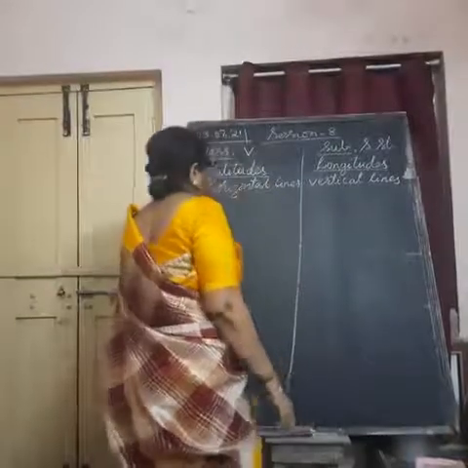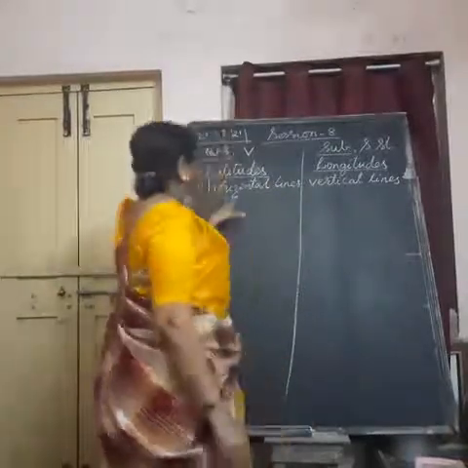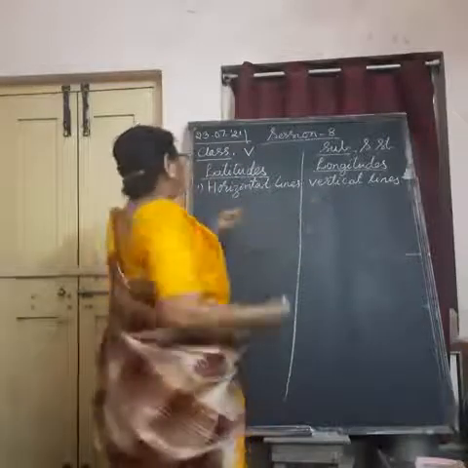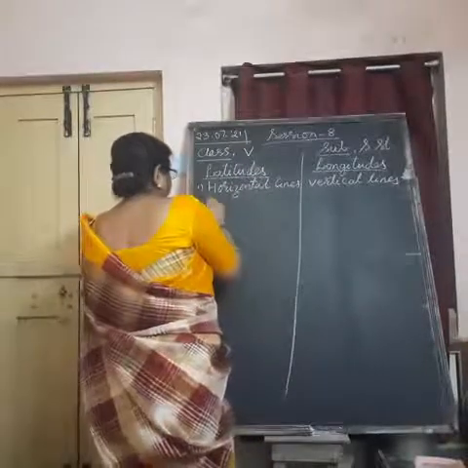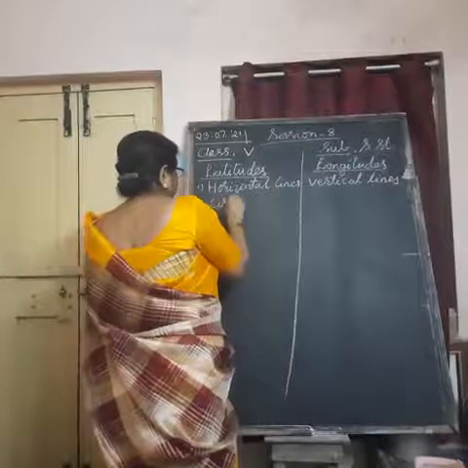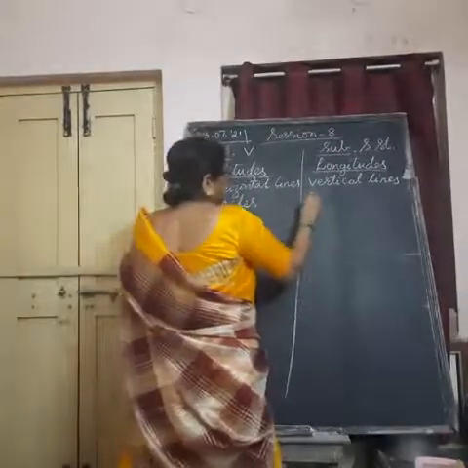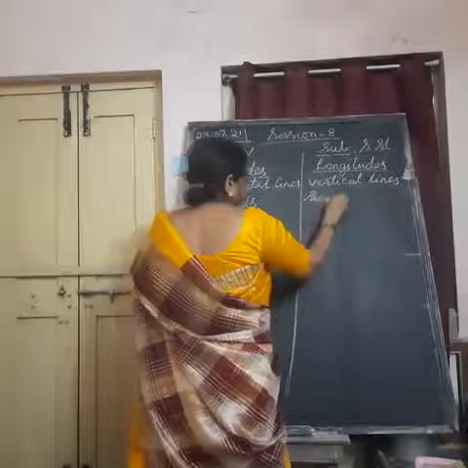Latitudes are horizontal lines and longitudes are vertical lines. Second, latitudes are circles, complete circles, whereas longitudes are semicircles.